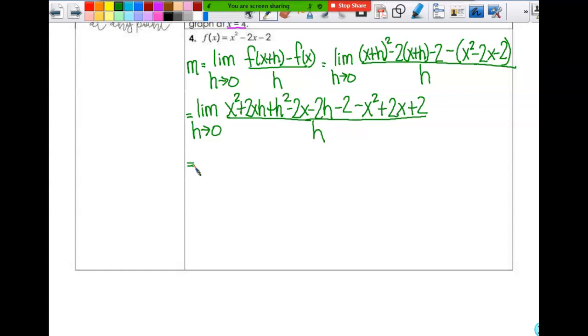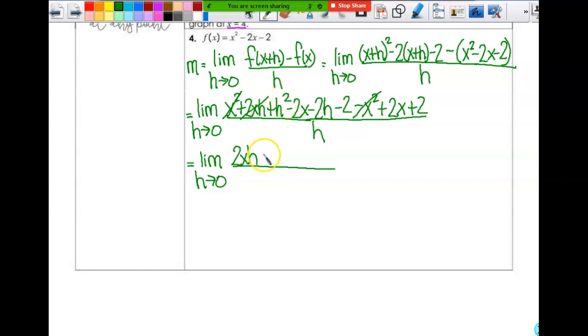All right, so I'm going to clean this up. I've got the limit as h approaches 0 of, and again, I've got a ton, so I'm going to mark out as I go. I have x squared and negative x squared. Those zero out. 2xh, that's my only xh, so 2xh.